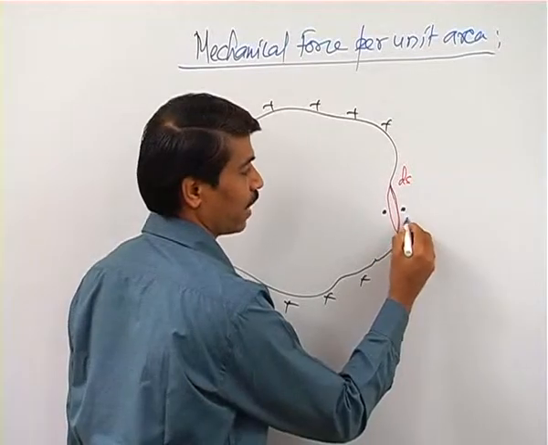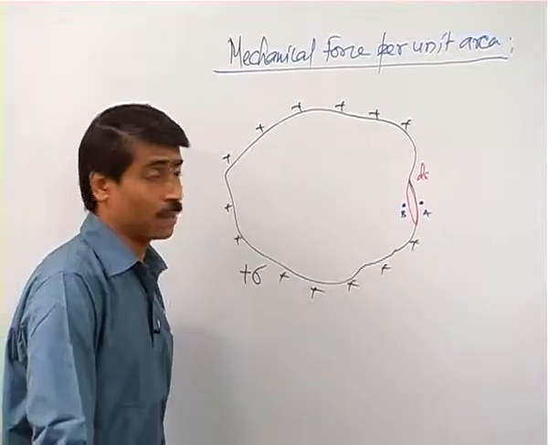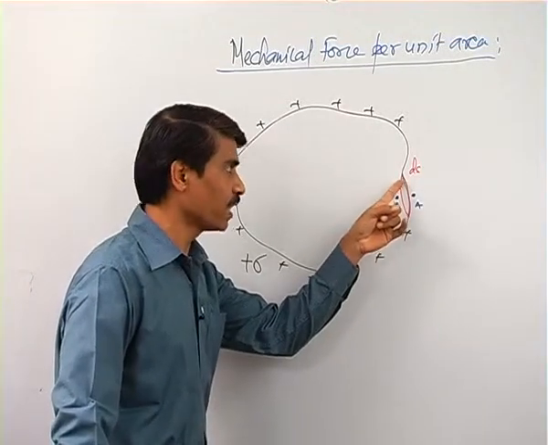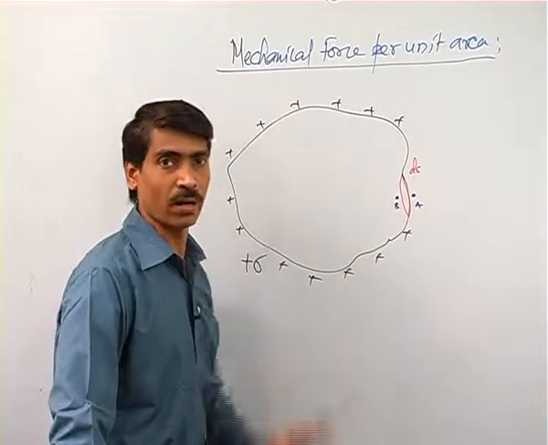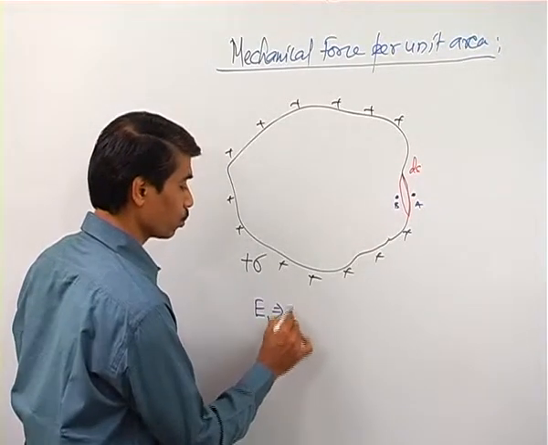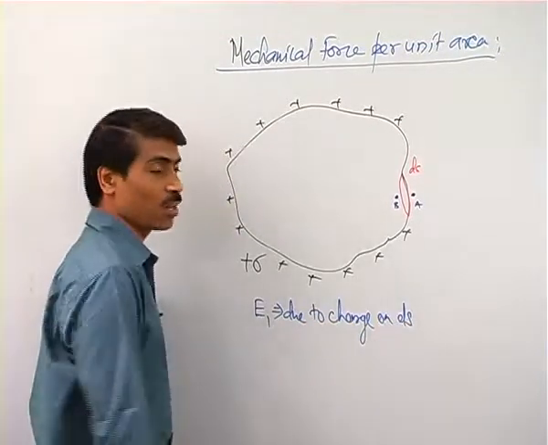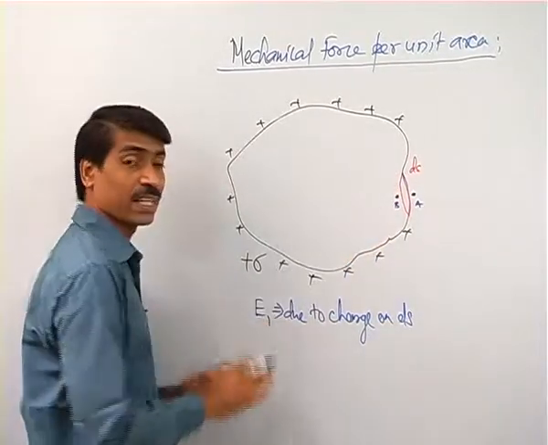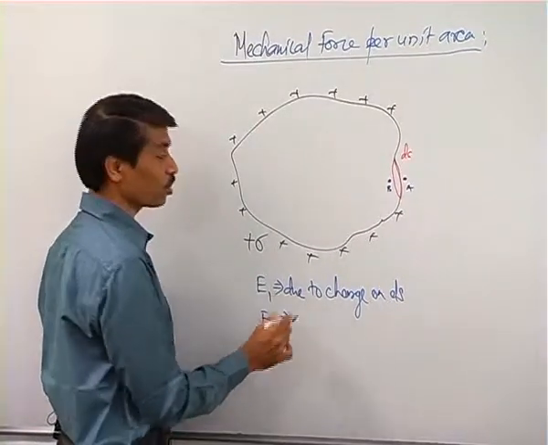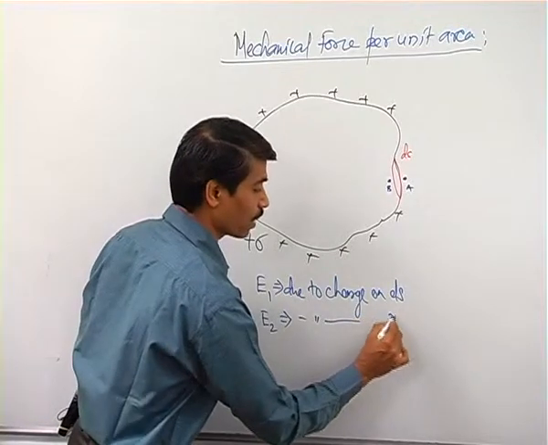Let this point be A and this point be B. Now the electric intensity due to the charge on the small surface ds, let it be E1. And E2 is the electric intensity due to the charge on the remaining surface.